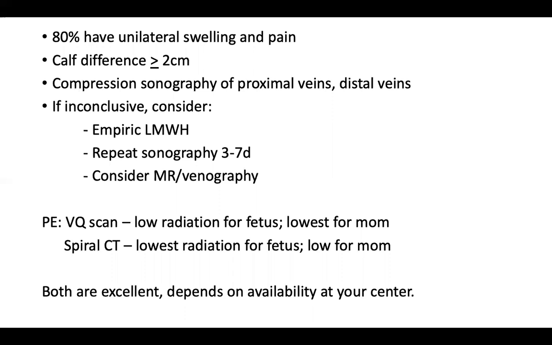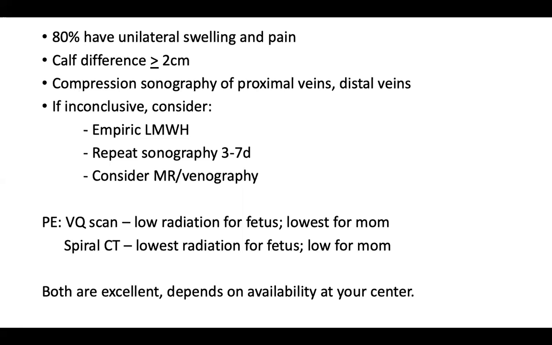So then you say, well, which is the safest for pregnancy? If you look at the radiation exposure for the fetus, the spiral CT has the lowest radiation for the fetus. And it's low radiation for mom, but it's more radiation than the VQ scan for mom. And for the VQ, it's just the opposite. But again, both have extremely low amounts of radiation exposure for both mom and fetus and are very safe.